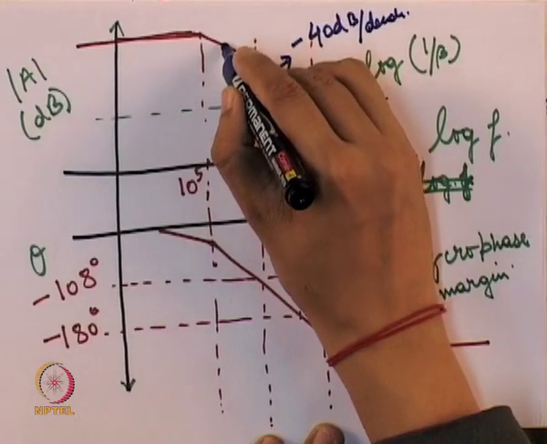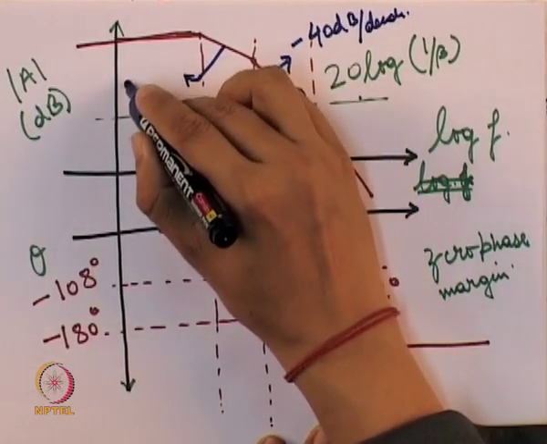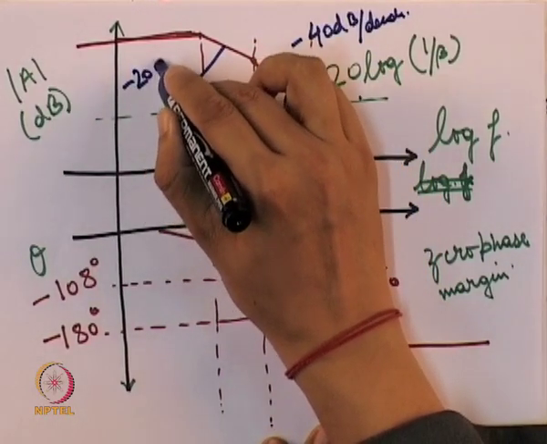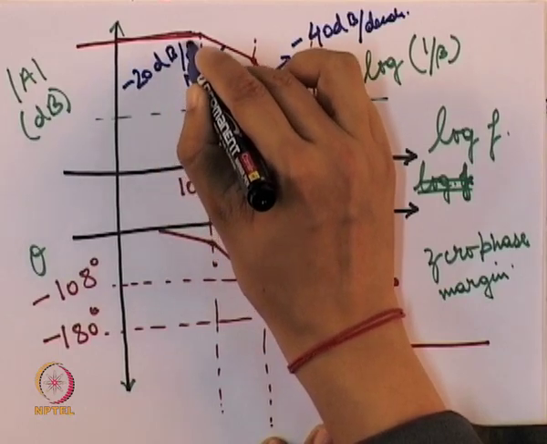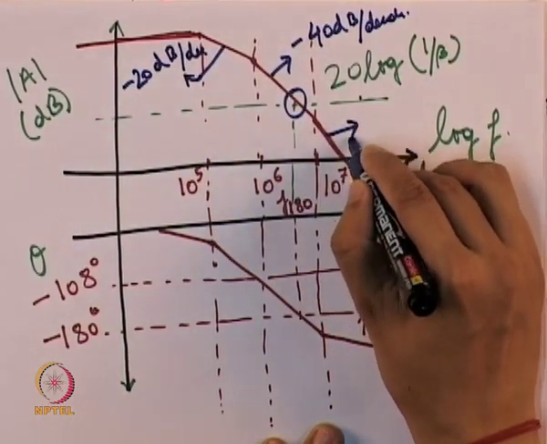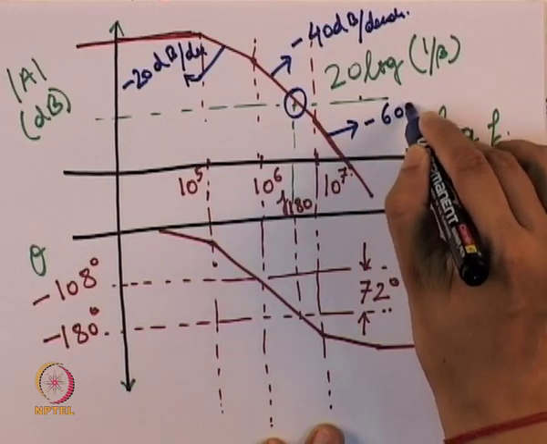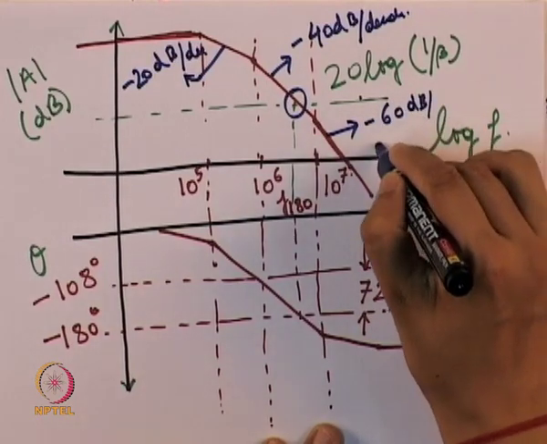Okay. Here the slope is minus 20 dB per decade, and here it is minus 60 dB per decade.